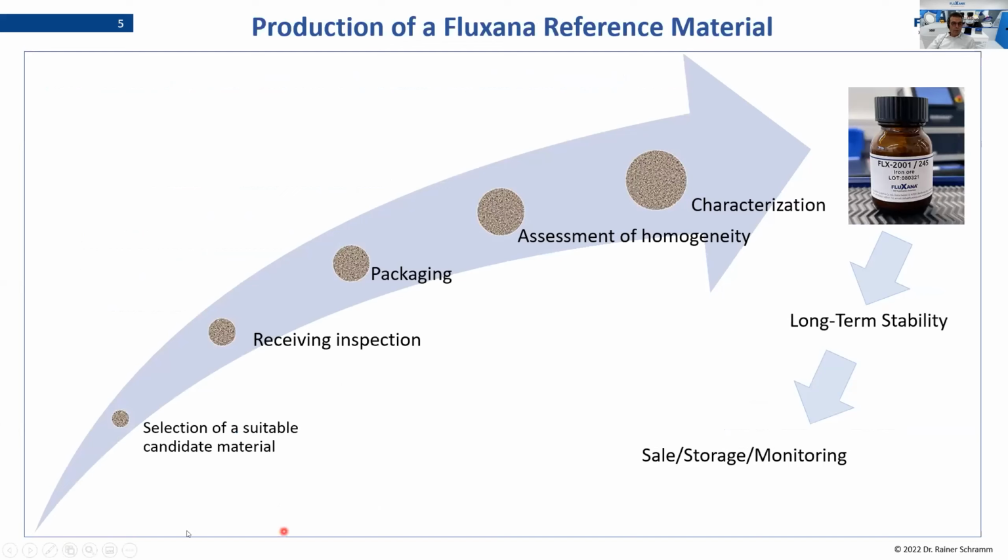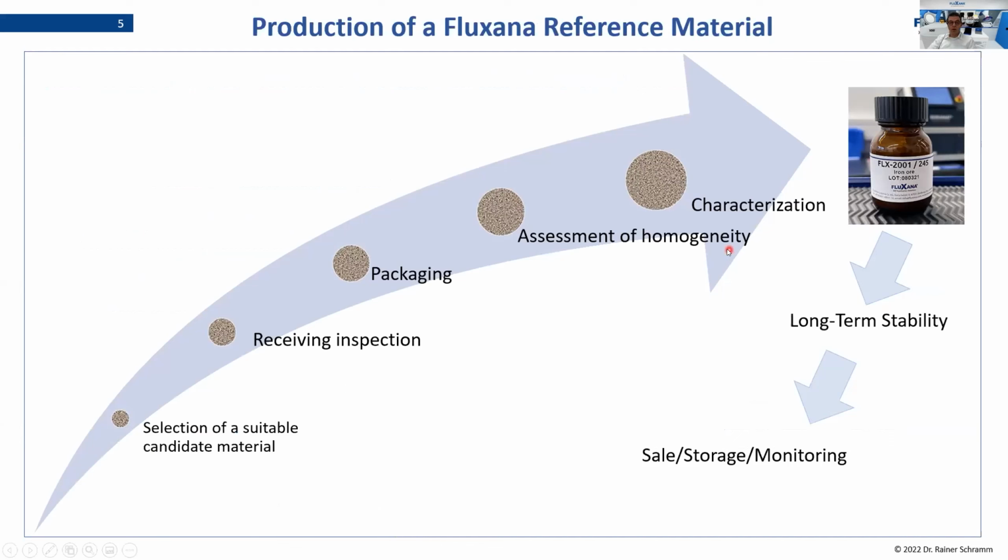Now, how do we produce or make a certified reference material? This picture shows you a little bit the way we have to go. Of course, first we have to select and find a material which is fit for purpose. That means that it is really what we want. Then, when we get it, we have to inspect it. If the material is suitable, we have to package it into bottles.